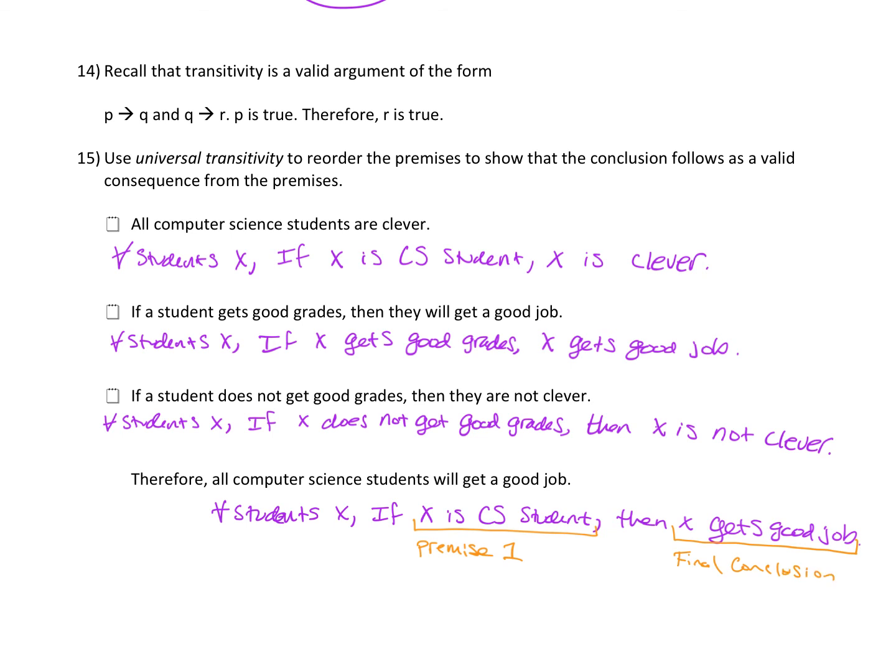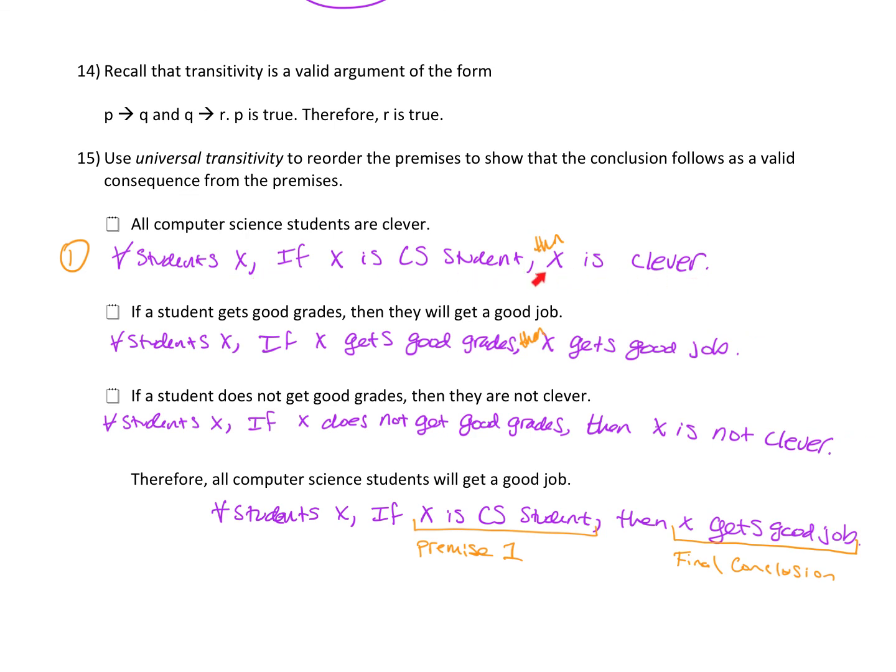Okay. So my first premise is that X is a CS student. So this has to be number 1 here. For all students X, if X is a CS student, then X is clever. So my first premise is going to be if X is a CS student, then X is clever.